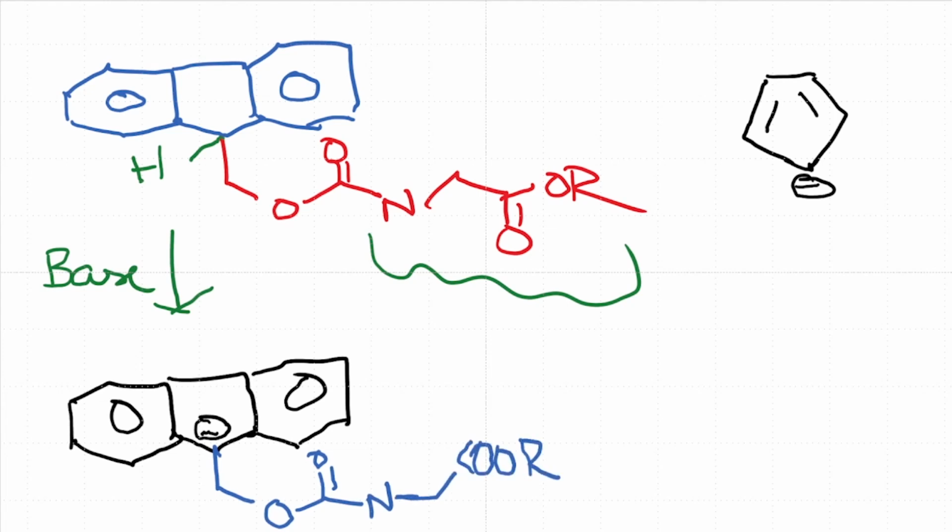Okay, now what can happen is a very interesting set of steps. So I'm just going to draw this once again in the next slide, so that I can make some space. So here is the carbanion, and O, C double bond O, N, H, R. I'm just going to call this R prime.